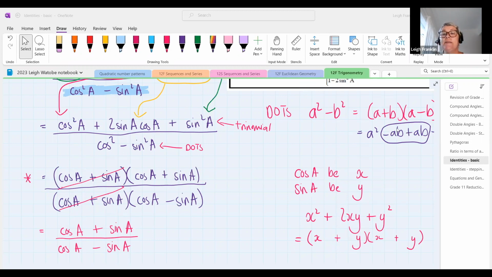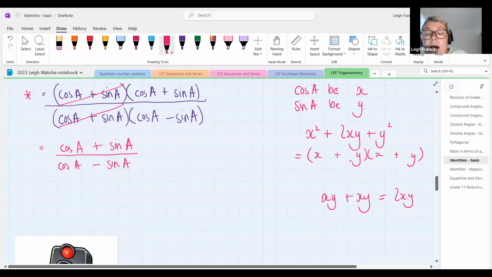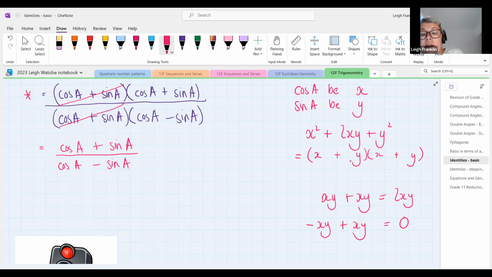If you've got minus AB plus AB, that's different to AB plus AB. If you use X's and Y's, it doesn't matter. If you've got XY plus XY, that's how you're going to get 2XY. But if you've got minus XY plus XY, then you're going to end up with 0. Okay, so that's the difference.